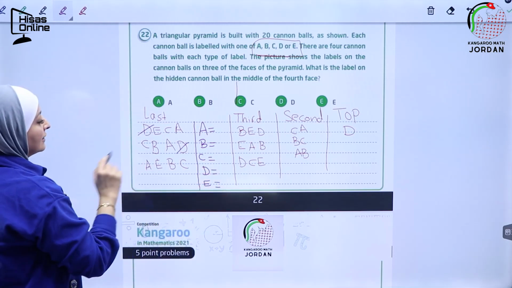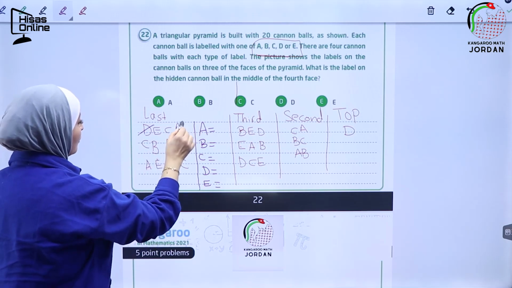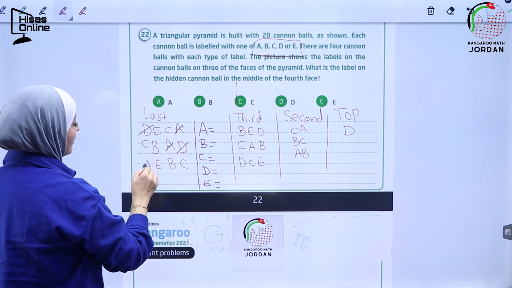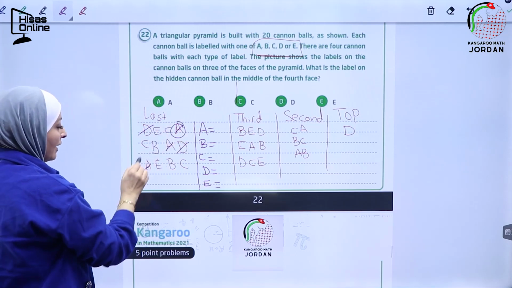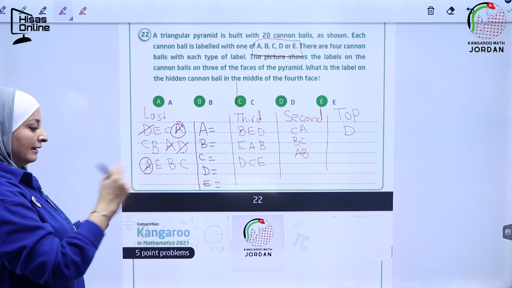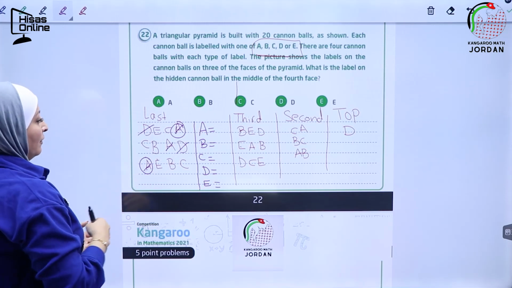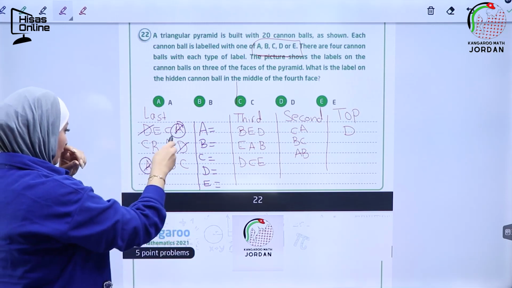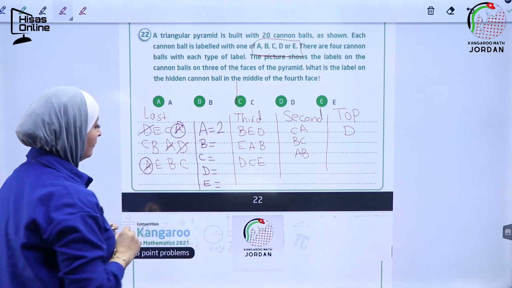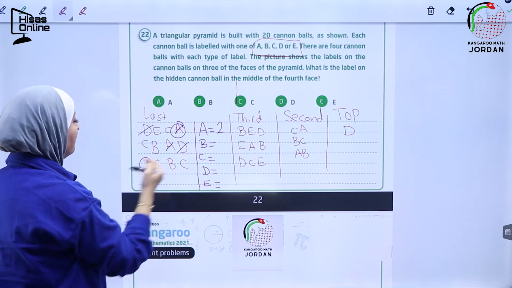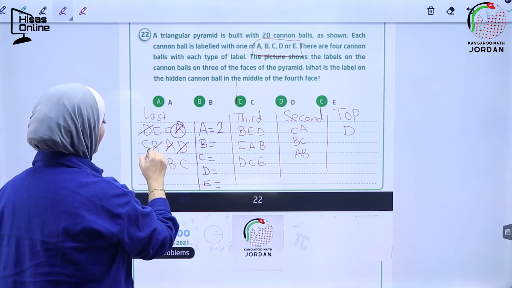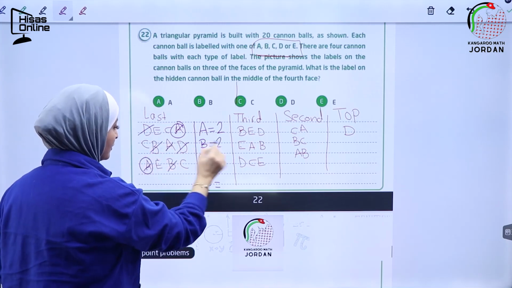Okay, let's calculate the A. We have here one ball, two balls, and this is repeated, so it's only two balls. As you see, this one and that one is the same ball, but from a different point of view. So it's 2 A's. I'm so sorry for this. B, let's calculate the B. We have one here and one there, so it's only two.